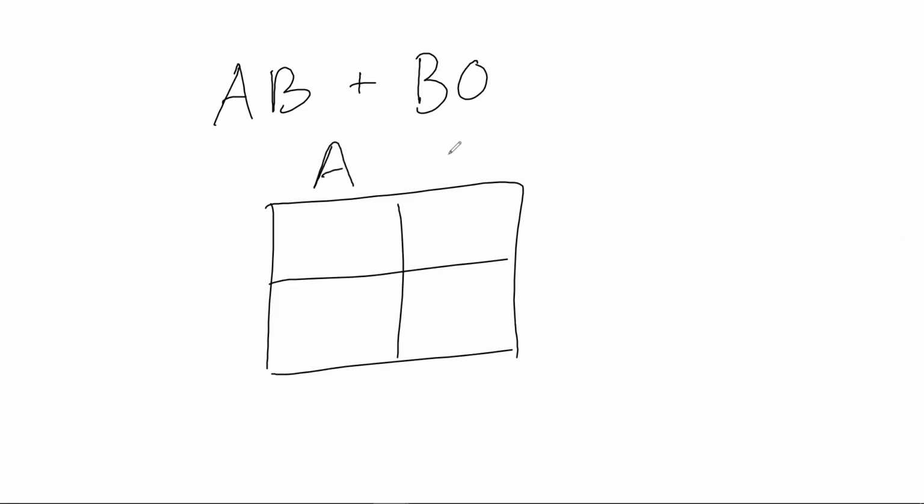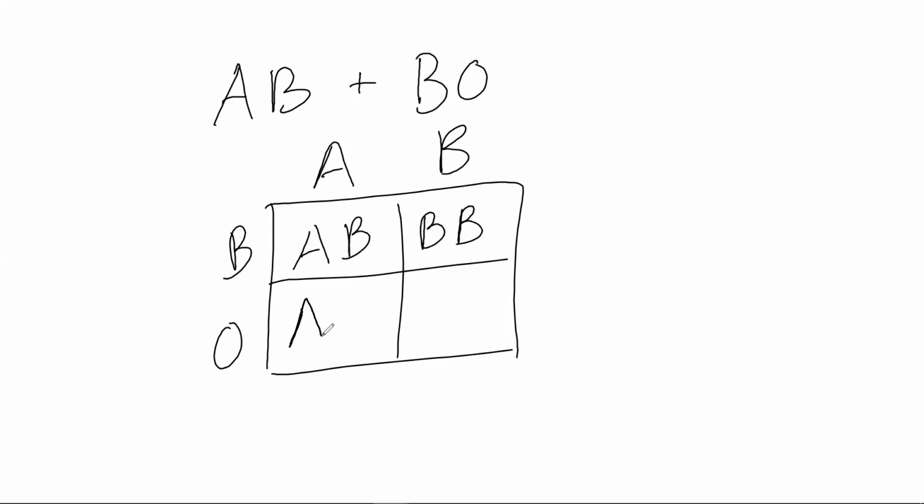I have A and B, O. So to explain, O is always recessive to A and B. So in these two situations on the bottom, the child will either have A blood type or B blood type and carry the O gene, right?